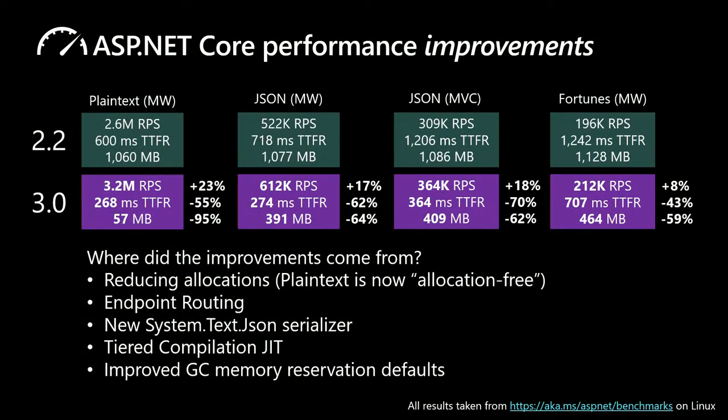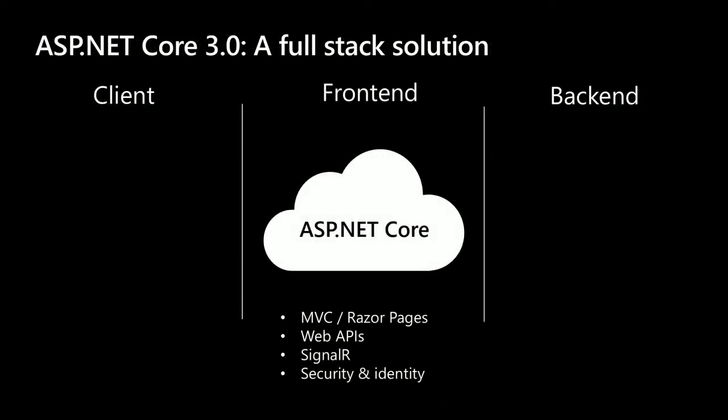For the time to first request, we now have the tiered compilation in the JIT turned on for ASP.NET Core apps, which makes your app start up that much faster. And we also improved the memory reservation defaults for the GC, which accounts for a big chunk of those memory improvements. So pretty nice.